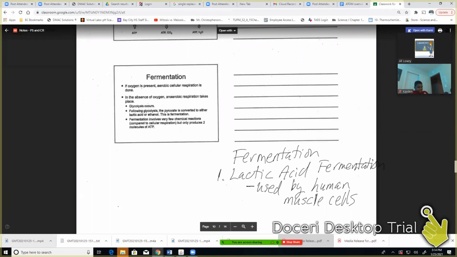The second kind is called alcoholic fermentation. And this is done by bacteria and yeast.